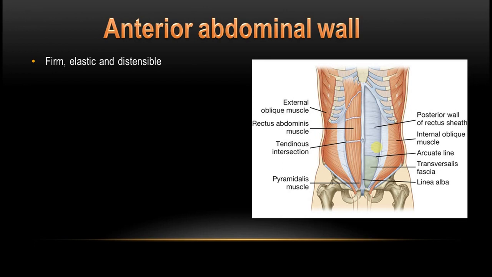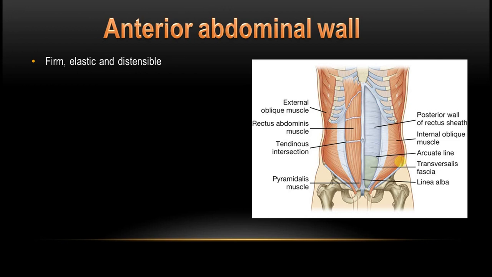One is when your stomach is full, naturally it has to distend. In case of pregnancy, when the uterus is expanding enormously, naturally the anterior abdominal wall has to yield. So these are two common things.